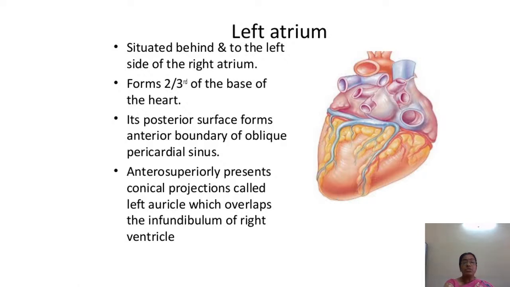In the external features, we came across the apex of the heart, base, surfaces such as the sternocostal surface, diaphragmatic surface, and four borders. So in these, what is the base forming?